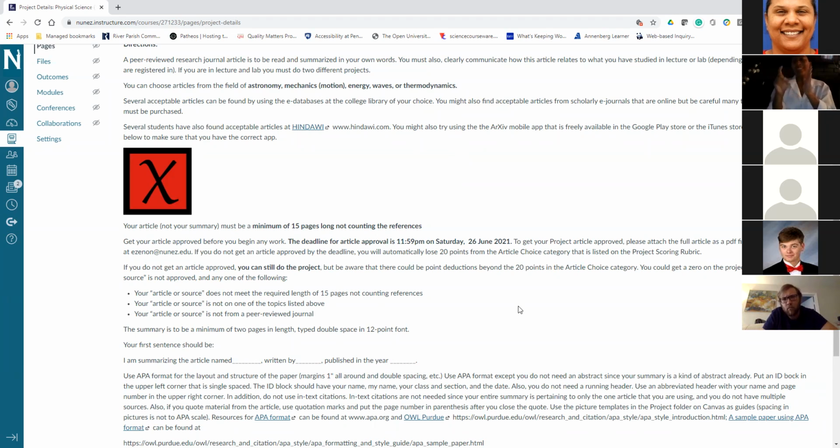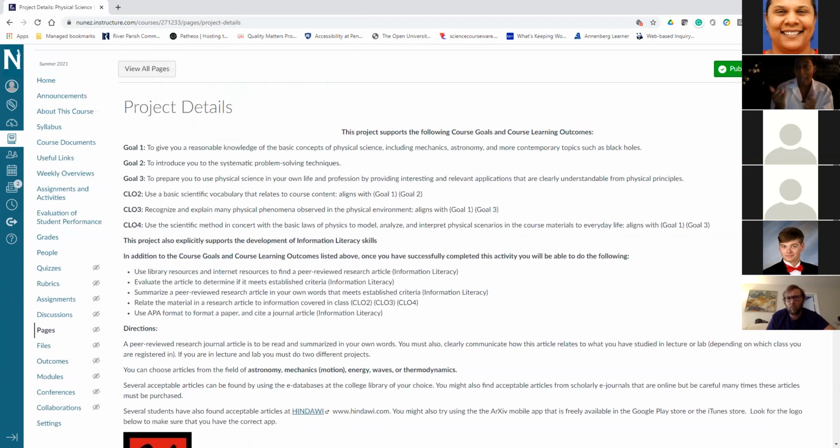Then you can start the preliminary reading of the article, and we'll start to talk about, now that you found an article, you're reading the article, noting the things that are important, and how it connects to the class. We can talk about how you put your summary together, but we'll do that later on, not right now, because I suspect that there are still many students in this course that are looking for an article. Okay. All right. So that's that.